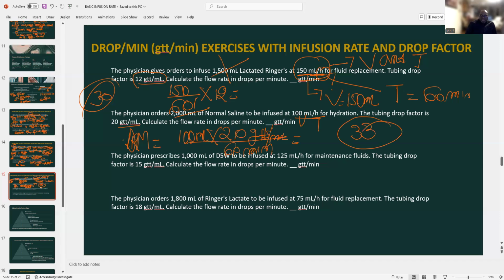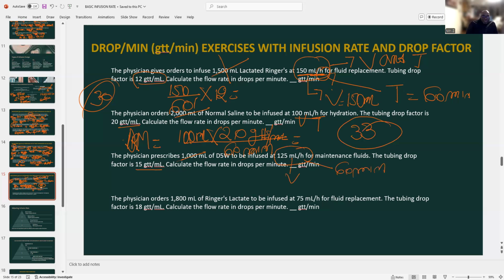So let's look at here. Number 2, you know that is your drop factor. Don't worry about that one. Anytime they ask you to solve for drops per minute with an infusion rate and the drop factor, don't worry about that quantity that is right there. You will use your infusion rate to solve that. So that right there, 125, is going to be your volume. Then we have 1 hour equals 60 minutes.